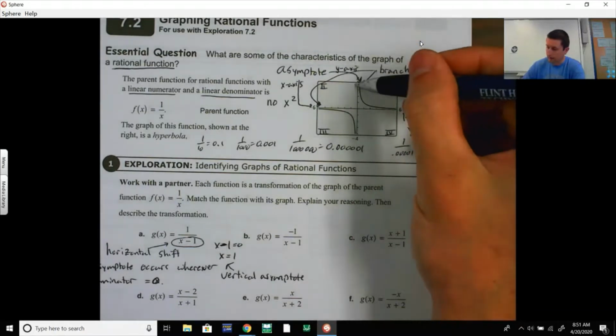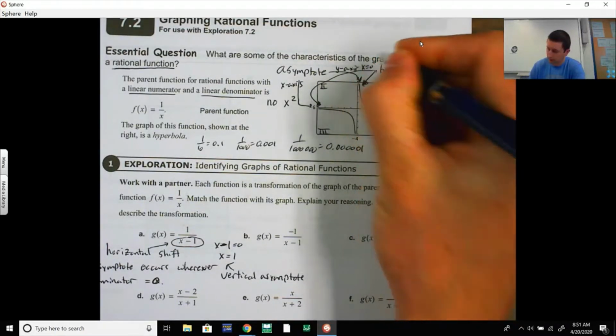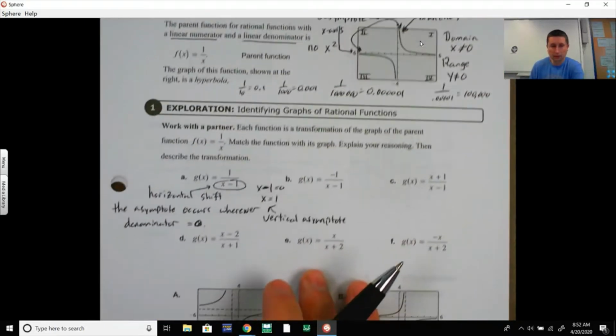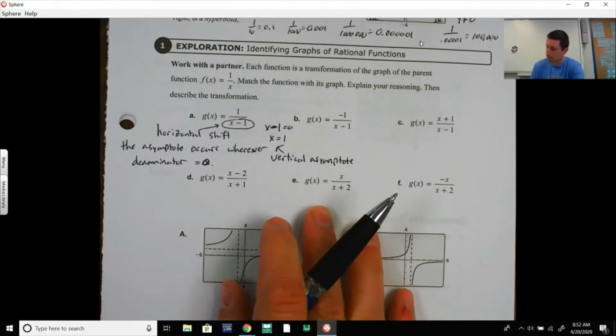The y-axis is x equals 0. That's a vertical asymptote. So wherever the denominator equals 0, you're going to have a vertical asymptote for right now.